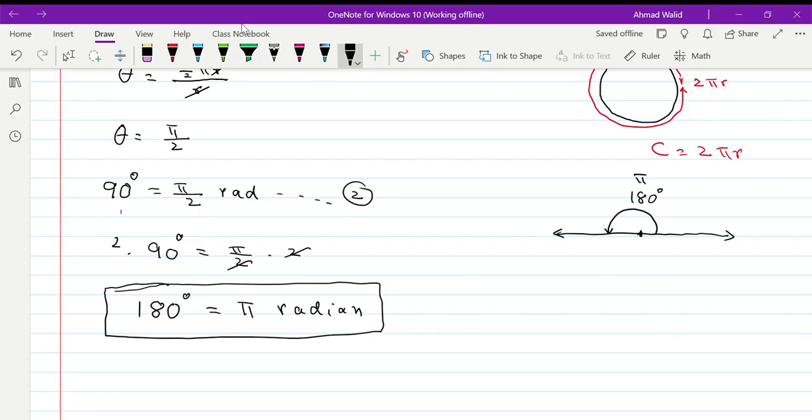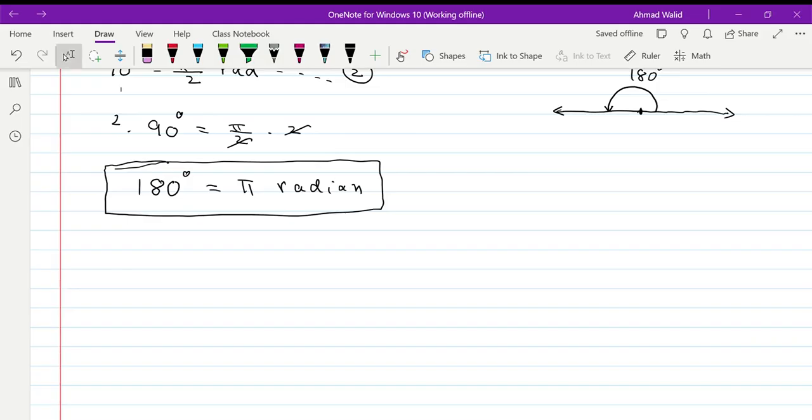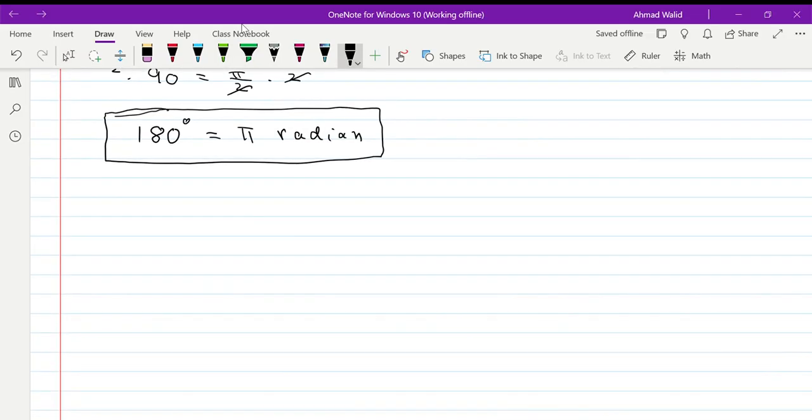Now, you can do a lot with this equation, at least for few angles that I want to prove for you, correct? For example, if I divide both sides of this equation by 3, what's happening? 180 degree divided by 3 equals pi over 3 radian, correct? 1 time, 6 time, correct?